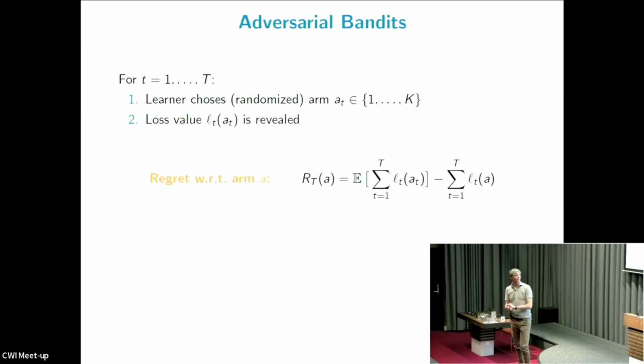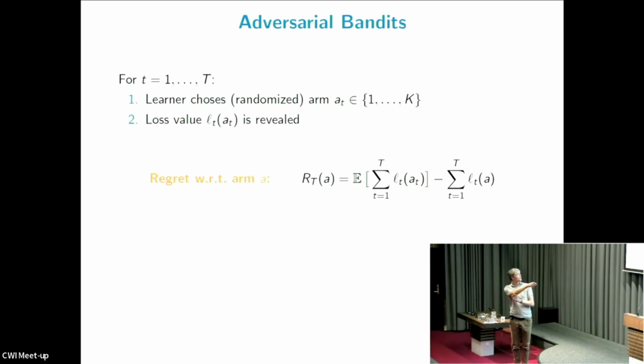So starting off with the setting of adversarial bandits, which will probably be familiar to many of you, we're going to operate in rounds. At the start of every round, the learner chooses an arm from a finite set of K arms, and then a loss value for that arm is revealed.